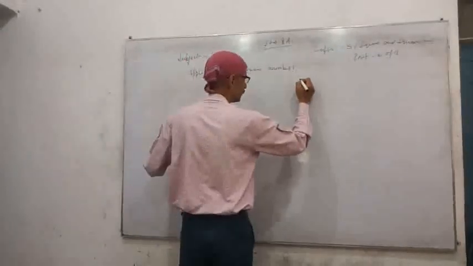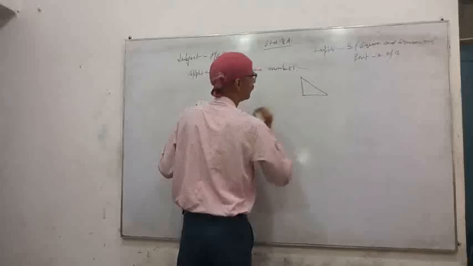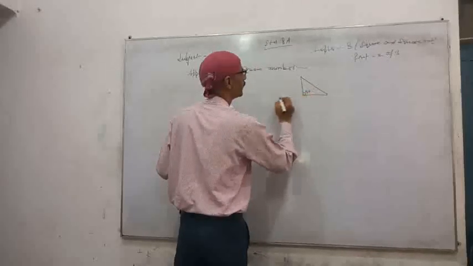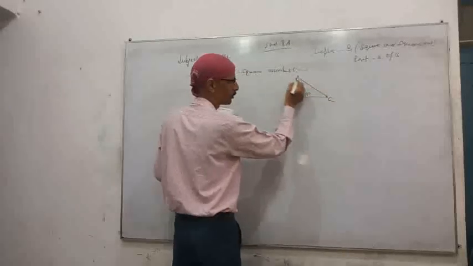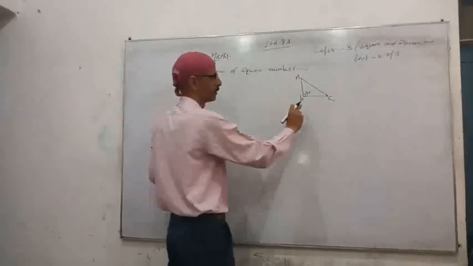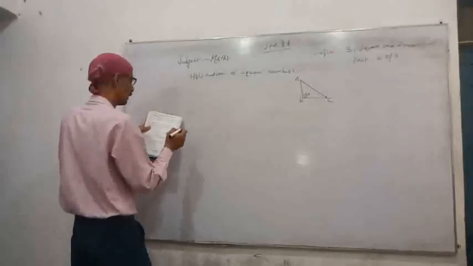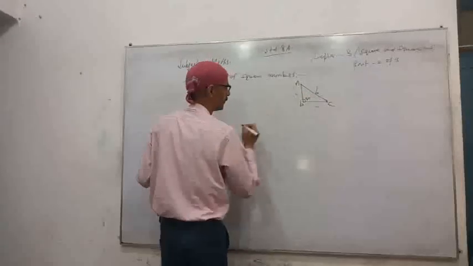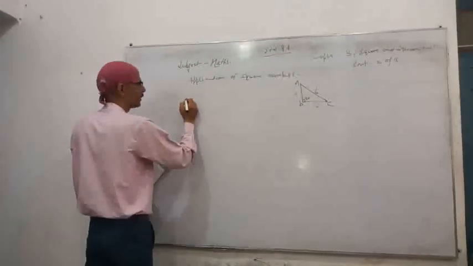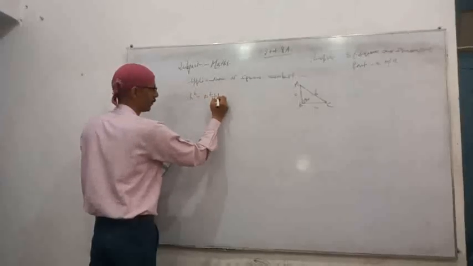So when you make a right angle triangle, this is 90 degrees, A, B and C. This side is known as hypotenuse, this is base and this is perpendicular. Therefore hypotenuse squared is equal to perpendicular squared plus base squared.